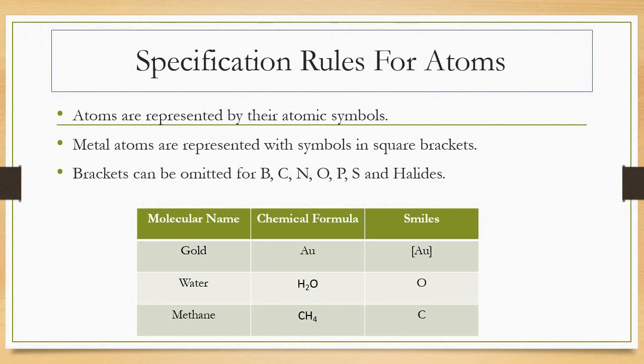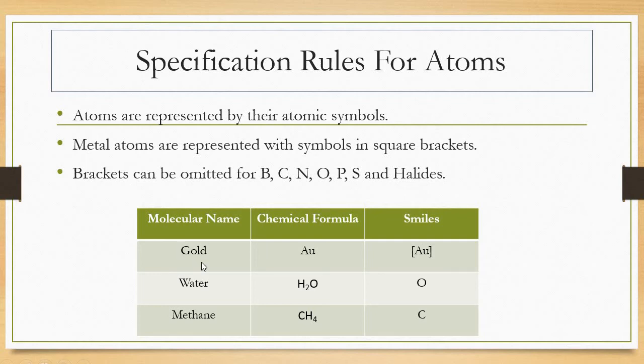Starting with the specification rules for atoms: atoms are represented by their atomic symbols. Metal atoms are represented with symbols in square brackets. However, there are some atoms for which brackets can be omitted: boron, carbon, nitrogen, oxygen, phosphorus, sulfur, and all halides.